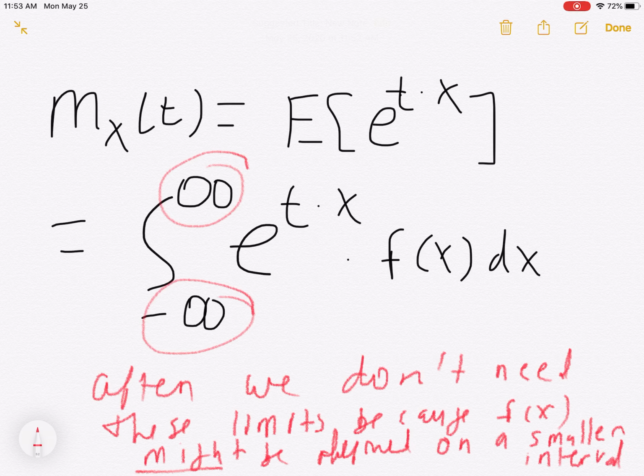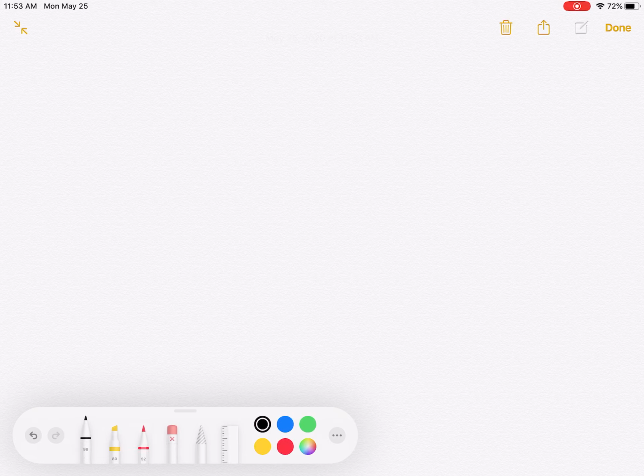It's still correct to write minus infinity to infinity, though. But in computation, it will be different.